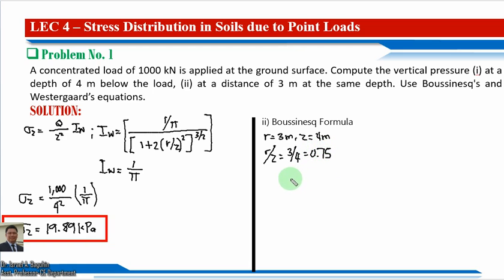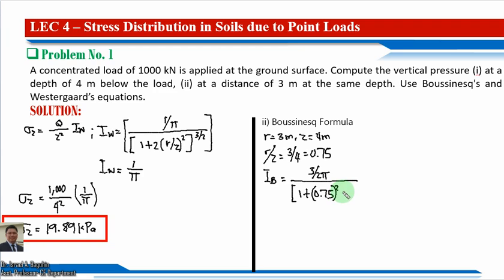Okay, so from our formula, we can directly substitute this one for our I sub B, which is equal now to this 3 over 2 pi here, and then we have in the denominator here is 1 plus 0.75.